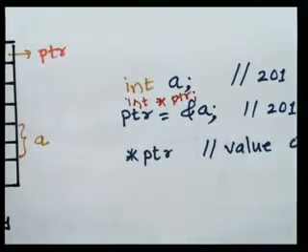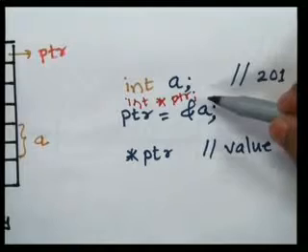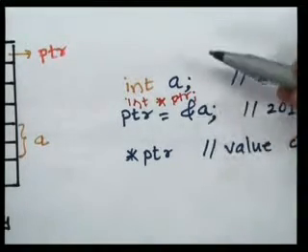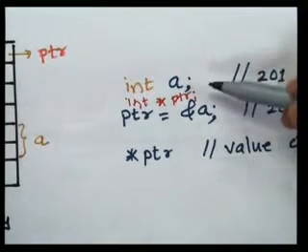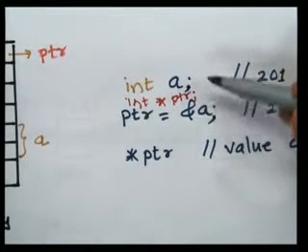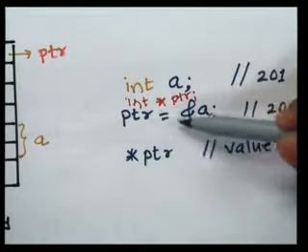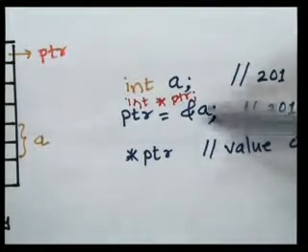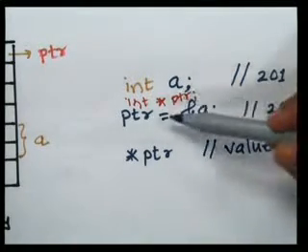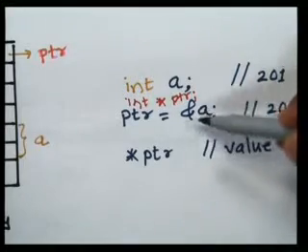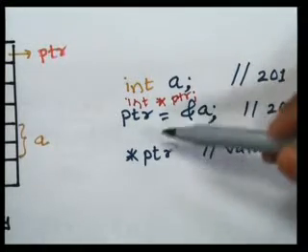Now the next step is how to associate this pointer variable with our already declared variable. I have made this pointer variable to store the address of variable a. So how to associate it? ptr is equal to ampersand a. When I write this line, it gives the address of variable a to ptr.